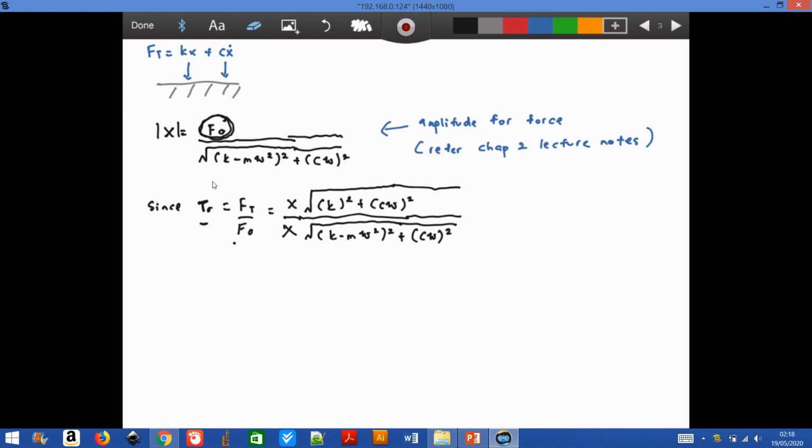And if I factor k from this equation, we can also write it as 1 plus 2 zeta r squared over 1 minus r squared plus 2 zeta r squared.